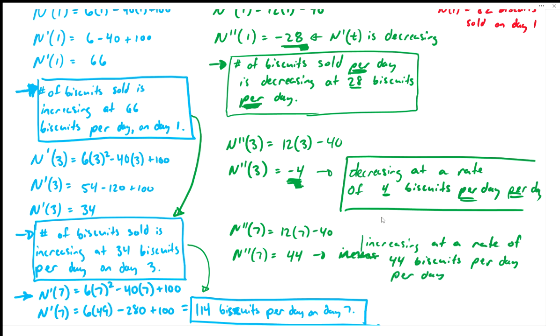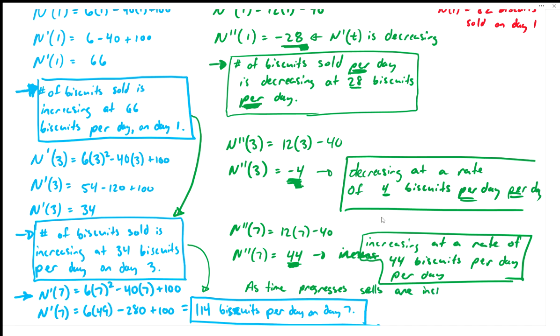Okay, so again, it's kind of strange the way that I'm writing it here, but what it's mostly doing is just saying, okay, this number is a positive. It's looking like as time progresses, sales are increasing rapidly.